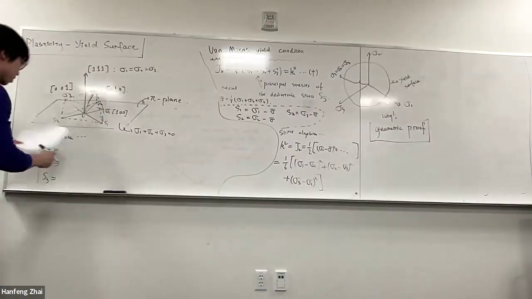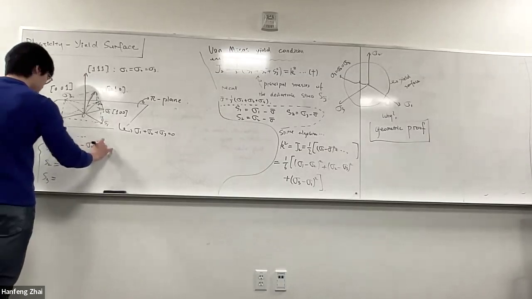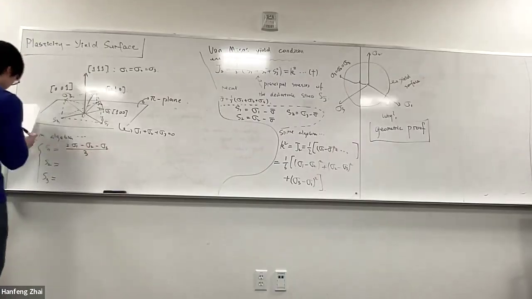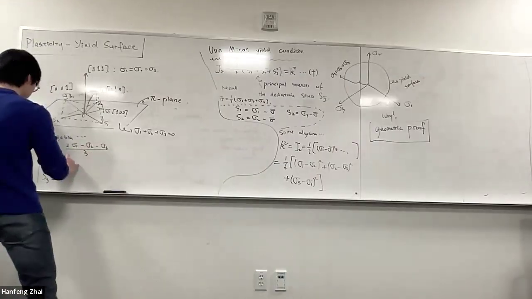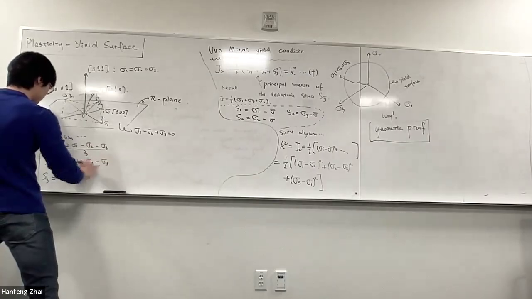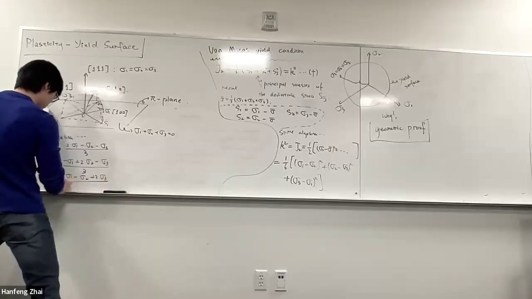I'm going to give you the conclusion: 2 sigma 1 minus sigma 2 minus sigma 3 divided by 3, minus sigma 1 plus 2 sigma 2 minus sigma 3 divided by 3, and minus sigma 1 minus sigma 2 plus 2 sigma 3 divided by 3.